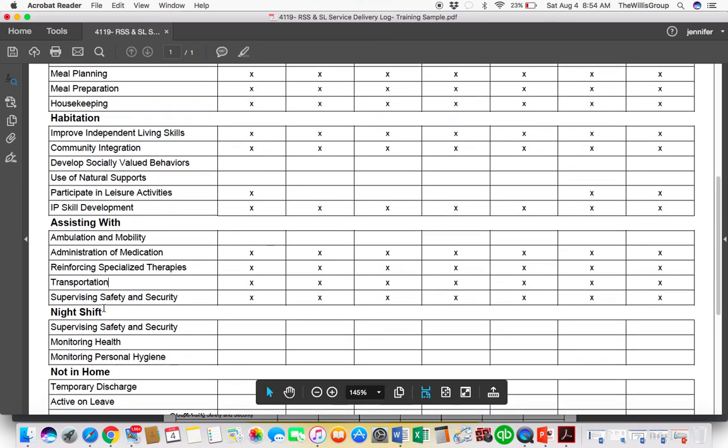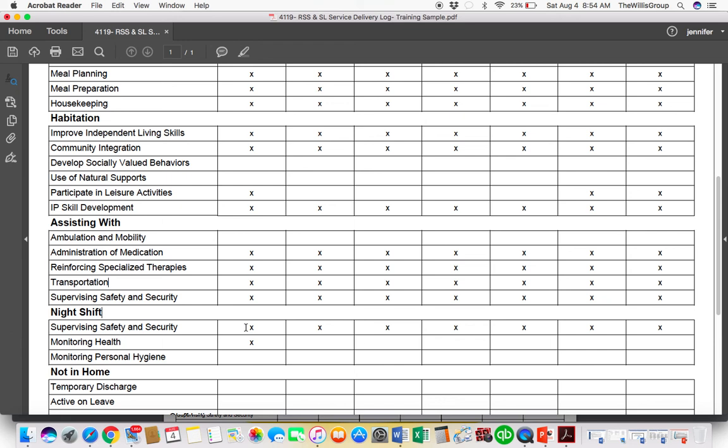And this section is really for the individuals who work the night shift. They too, again, should always be supervising safety and security. This is why, again, we as an organization are saying that every hour on the hour, we have visually seen this person. We know what they are doing.